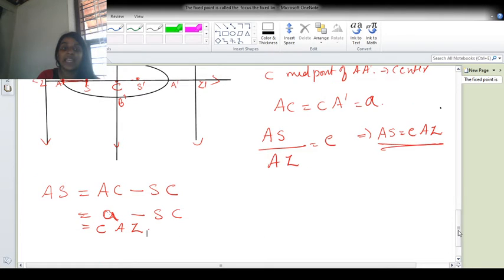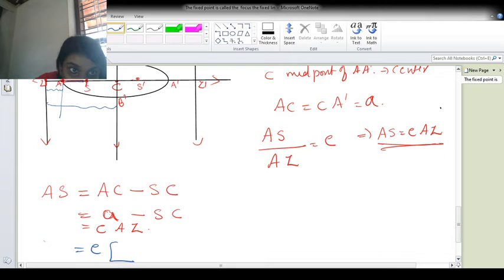What is AZ? AZ is the same as ZC minus a. AZ is this distance, so this full distance ZC minus this AC.